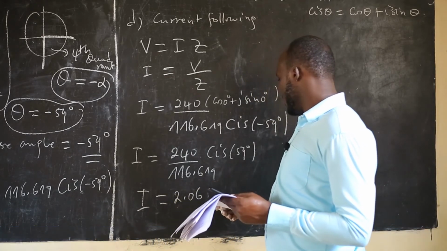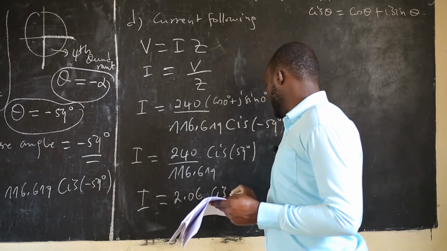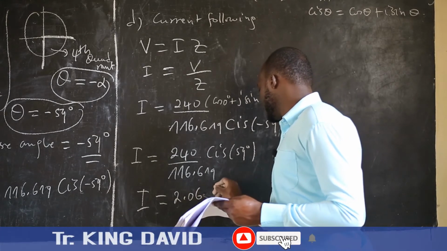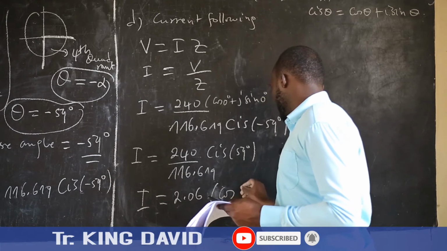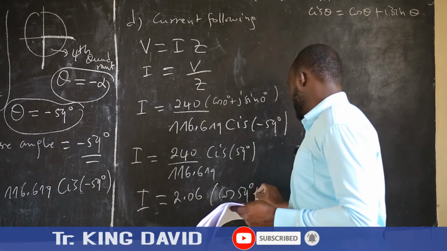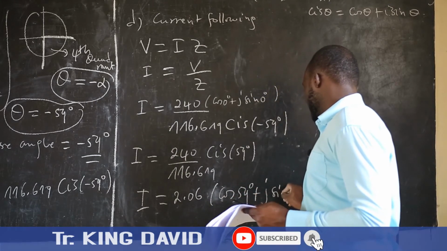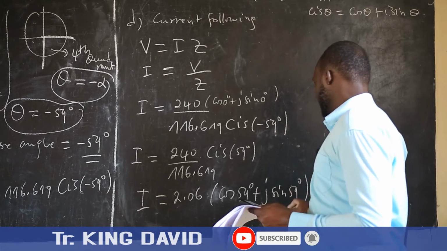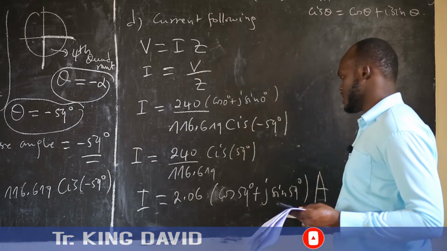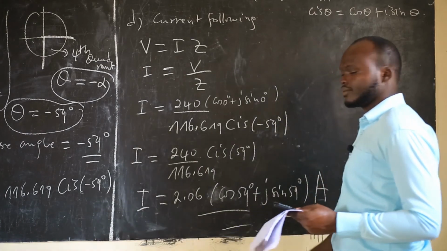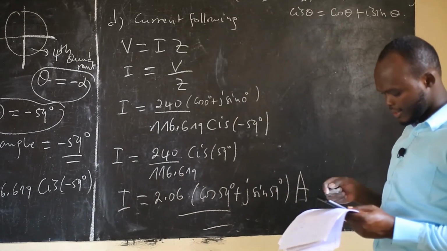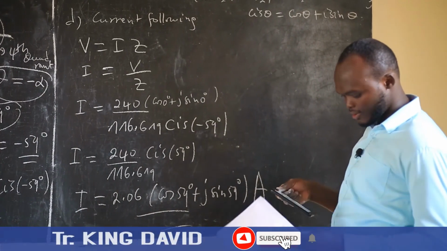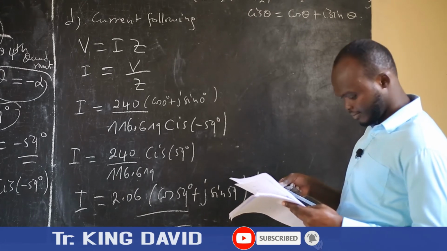Then cis of 59 degrees, that is, in brackets, cos 59 degrees plus j sin 59 degrees, in amperes. So this is the current. That's the current that they have been asking us to find.